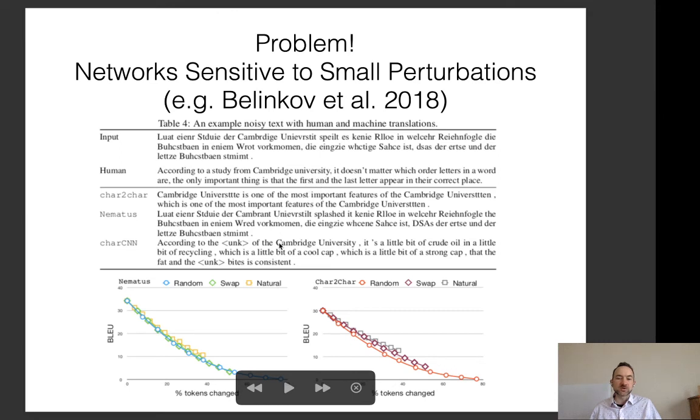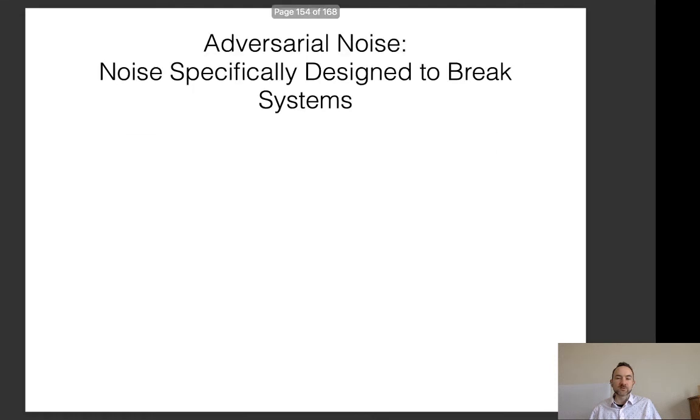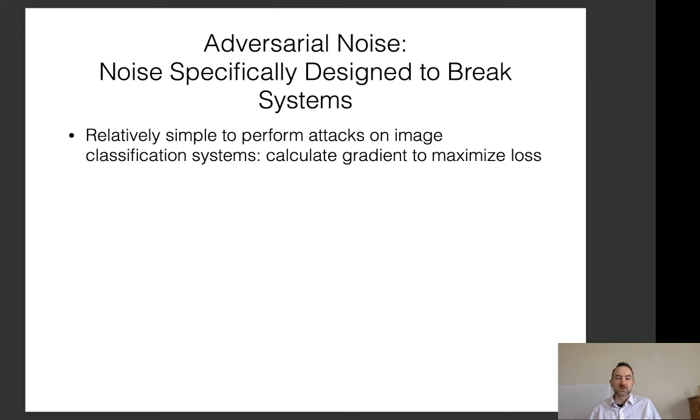But for a machine translation system, the accuracy would go way down as you change more tokens in the source sentence. And in particular, adversarial noise is noise that's specifically designed to break systems.